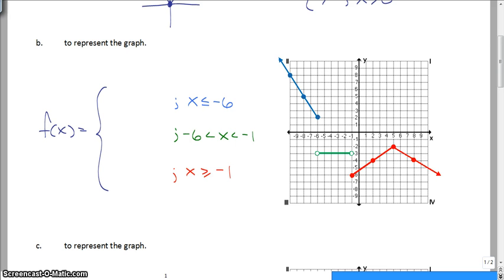Now we have to go back and actually get the equations of these three pieces. That can sometimes be tricky. Part B is not that bad because you can follow the slope here. It's going down 3 over 2. We can go down 3 over 2, down 3 over 2, down 3 over 2, and we can find our y-intercept is -7.